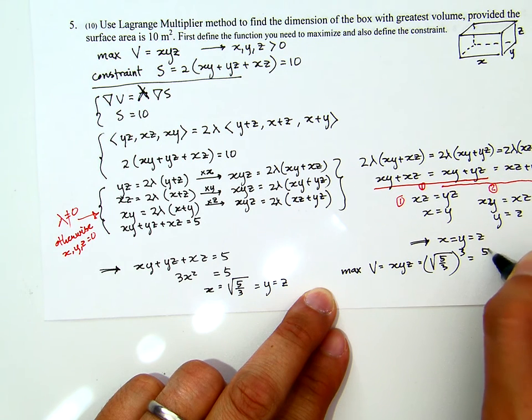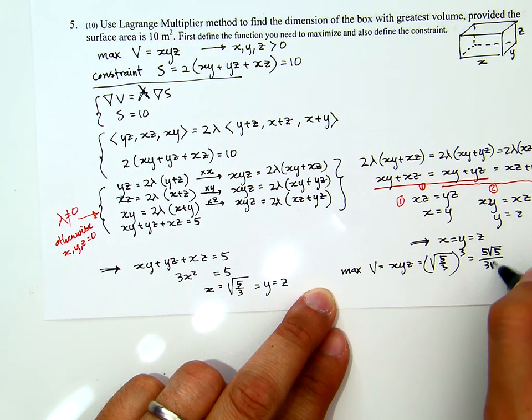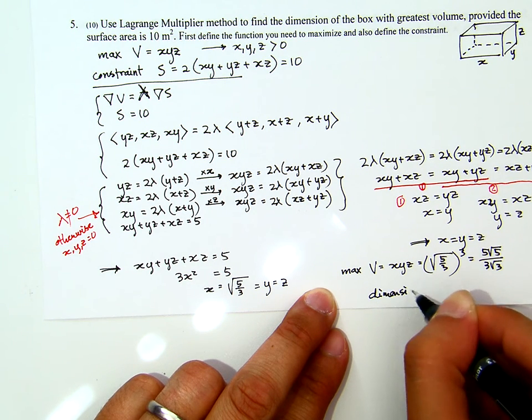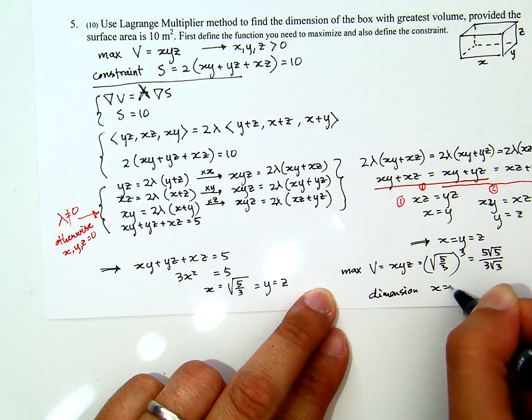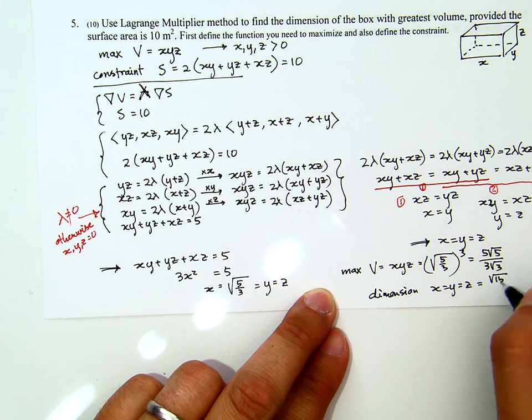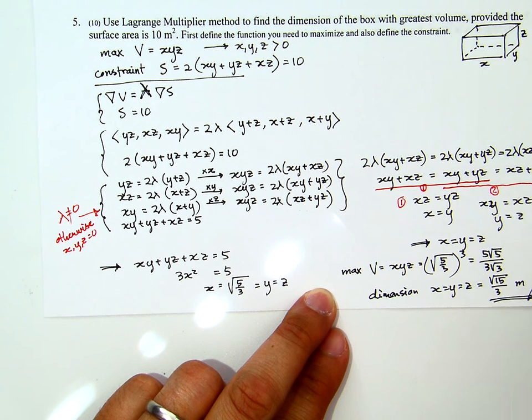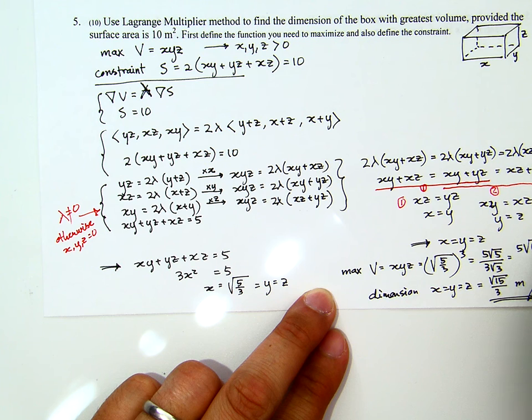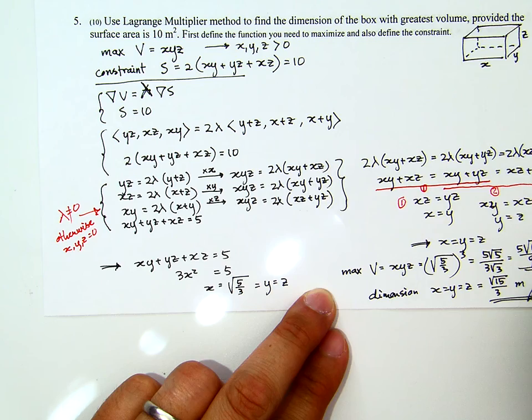That's 5 radical 5 over 3 radical 3. The dimensions x, y, z are all, simplified, radical 15 over 3 meters. And the volume is 5 radical 15 over 9 meters cubed. That's the maximum volume.